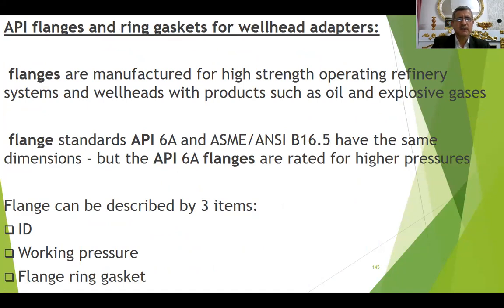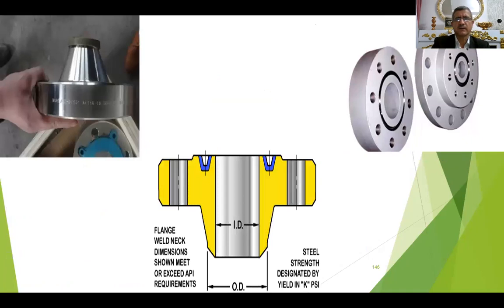This is the ID of the flange, working pressure, and the flange ring gasket. This one, you see it, the ID, OD, and here the flange. This is the flange. We can connect it to the wellhead. And here is the top face, here is the bottom face.